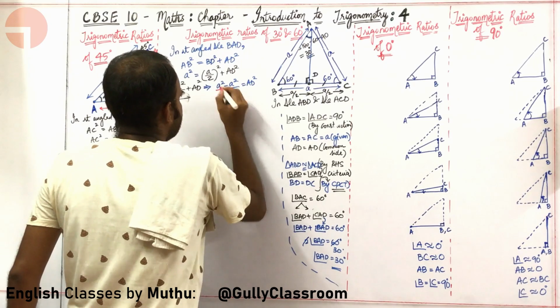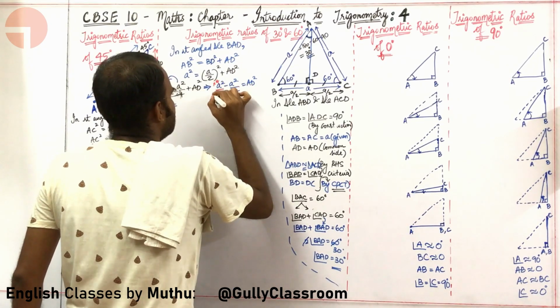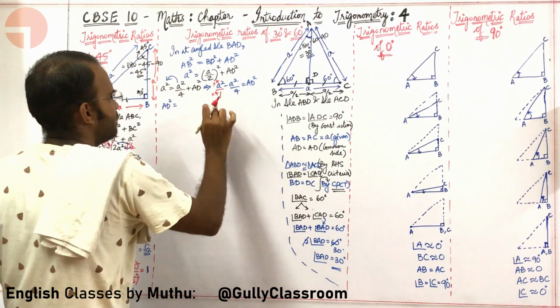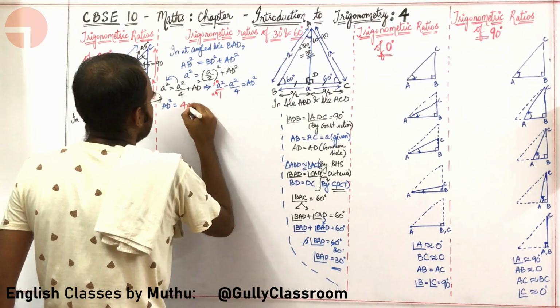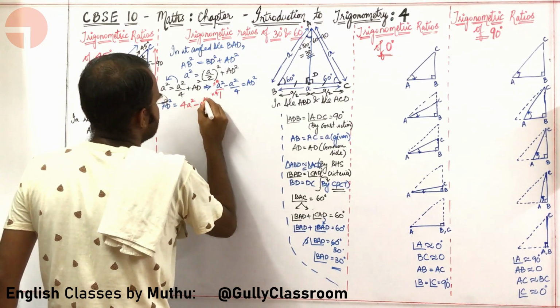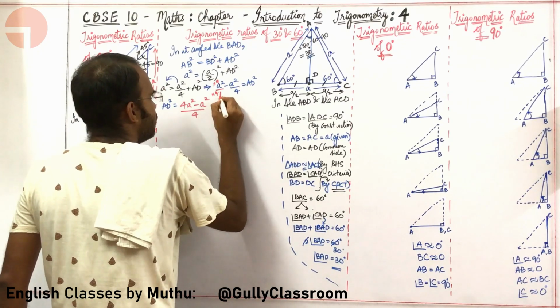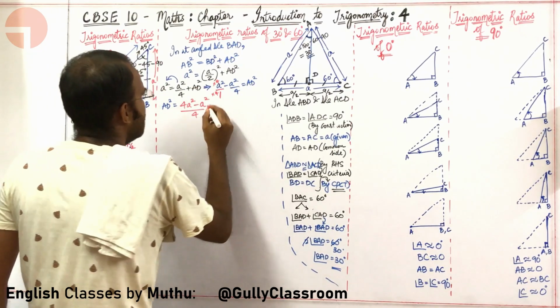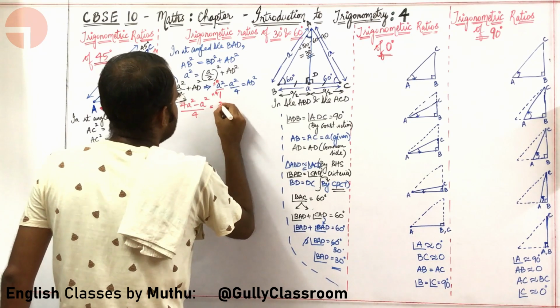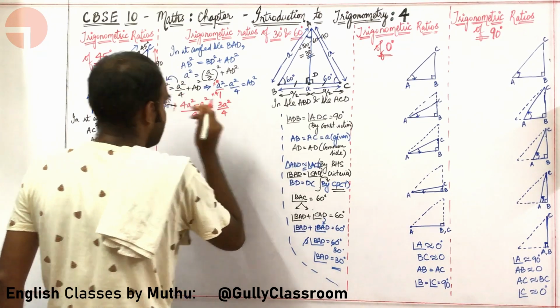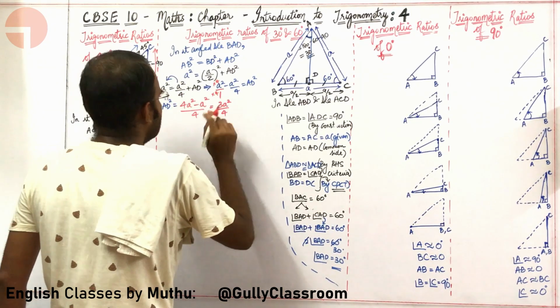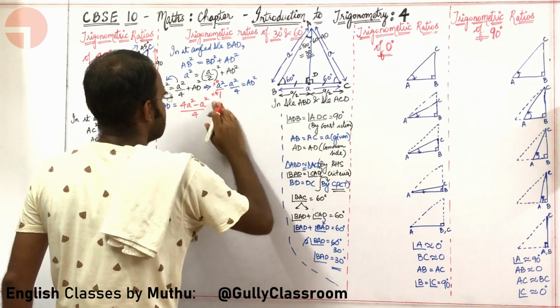In the denominator there is 1, so in the numerator I will multiply by 4 and in the denominator I will multiply by 4. So I will get 4A square minus A square divided by 4. Because in the denominator in both of these terms we are getting 4. So I will simply get 3A square by 4, which is nothing but AD square.